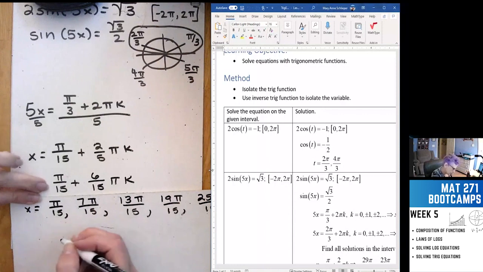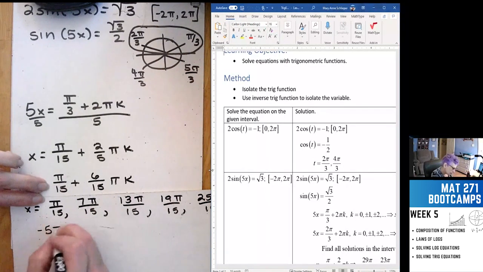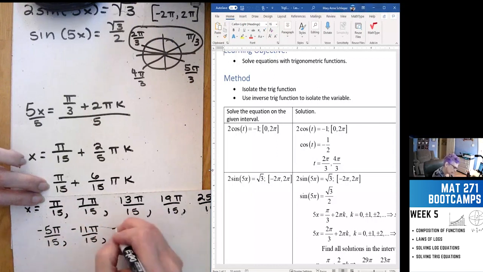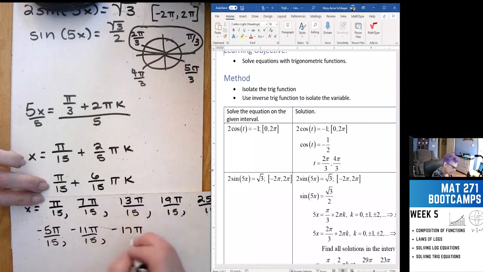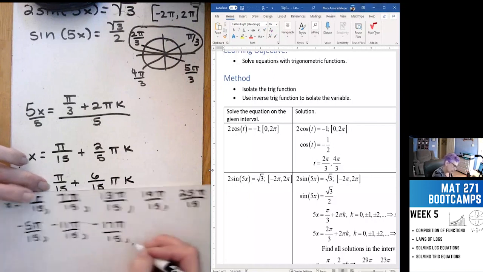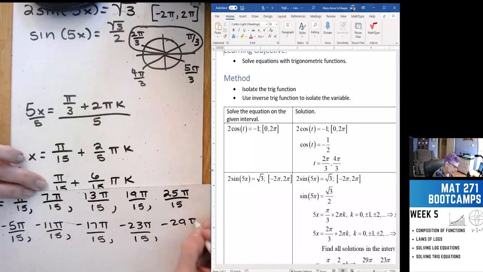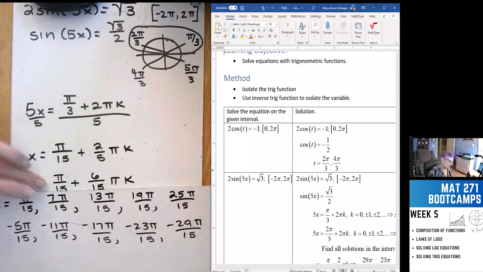So we have pi over 15 minus 6 pi over 15, minus 6 pi over 15, minus 6 pi over 15, minus 6 pi over 15.